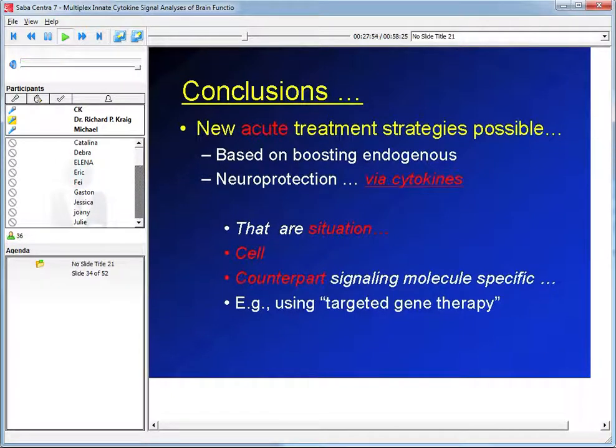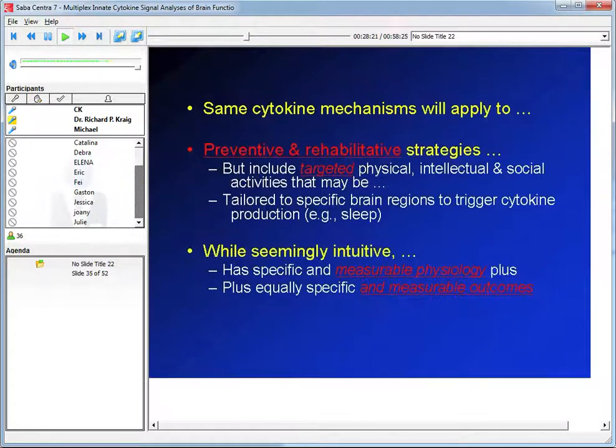Okay, this means that neuroprotection can occur via cytokines, and it tells us that they're situation, cell, and very likely counterpart cell specific, so that to begin to develop targeted gene therapies to ameliorate these types of diseases, we're going to need to be considering what cell type, when, how much, how long, and what correlated cell signaling changes happen to occur with it.